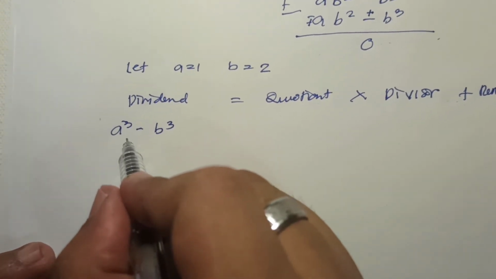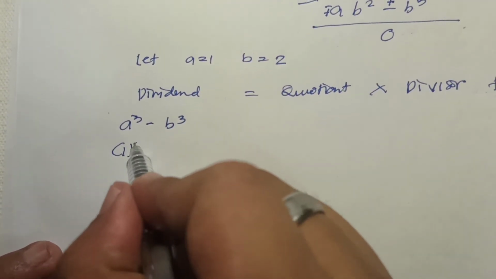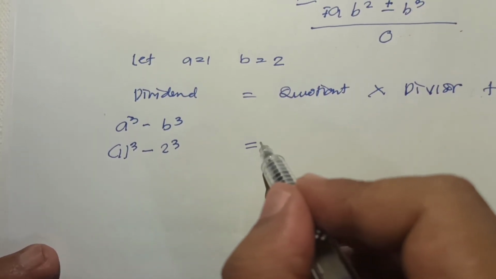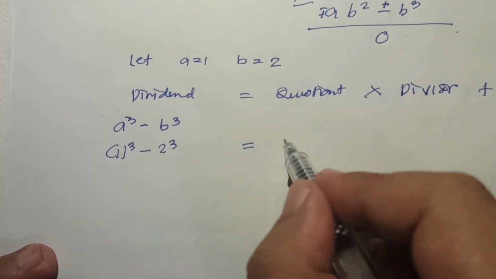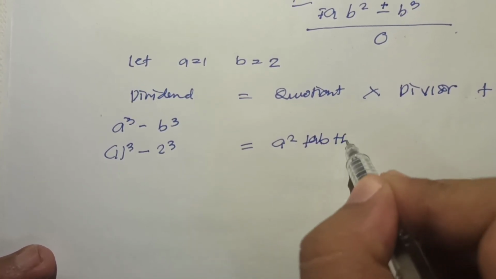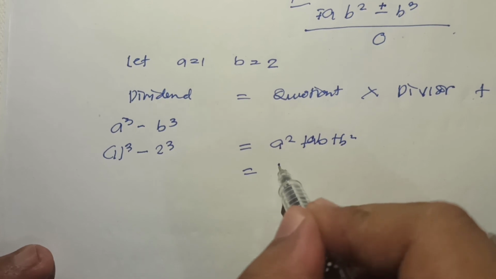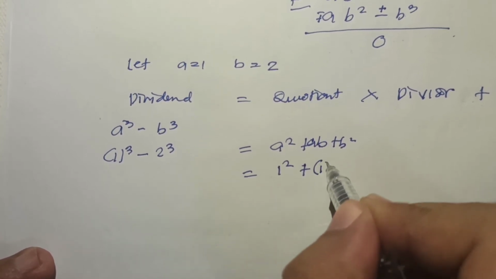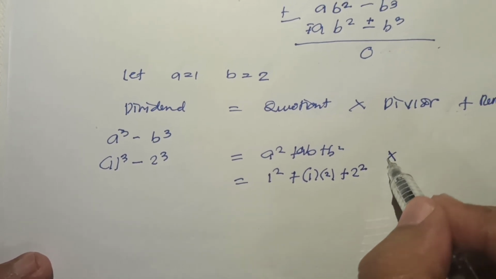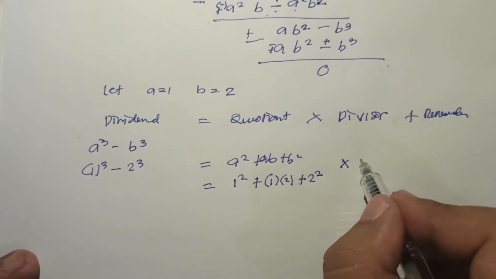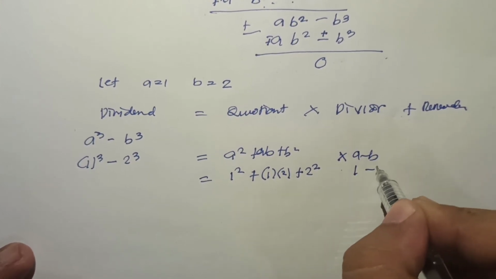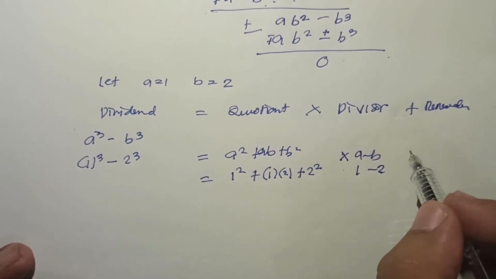So we're going to substitute here 1 cubed minus 2 cubed is equal to the quotient. The result of the quotient is a squared plus ab plus b squared. We're going to substitute 1 squared plus 1 times 2 plus 2 squared times the divisor, which is a minus b, is equal to 1 minus 2 plus the remainder, which is 0.